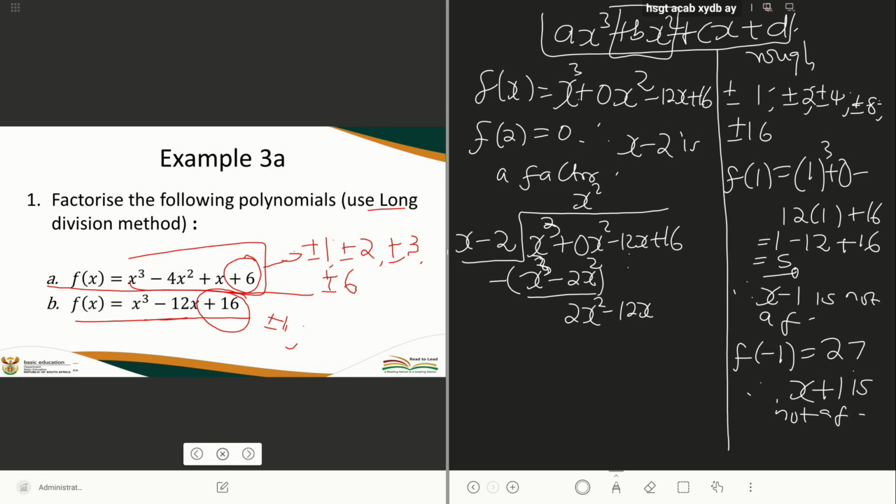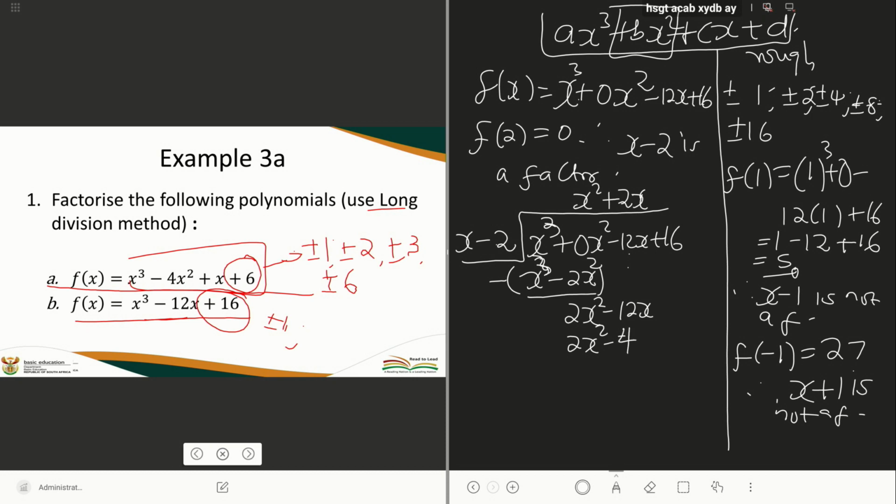Then you start the process again. X into 2x squared goes how many times? It's positive 2x. 2x multiplied by x is going to be 2x squared. 2x multiplied by negative 2 is negative 4x.